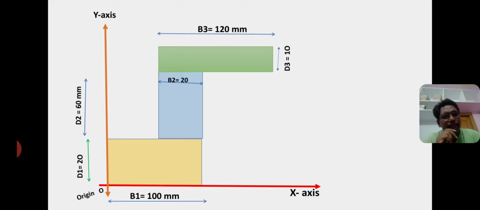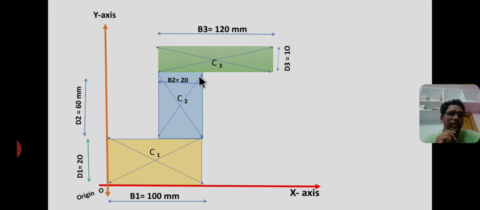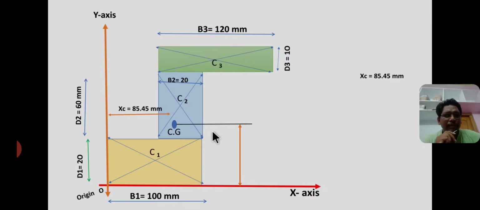Here, this is the reference x axis and this is the reference y axis. C1 is the centroid of the bottom rectangle, C2 is the centroid of the second rectangle, C3 is the centroid of the top rectangle, where C1, C2, C3 are the individual centroids, whereas CZ is the centroid of the entire Z section, at a distance of xc from the y-axis and yc from the x-axis.